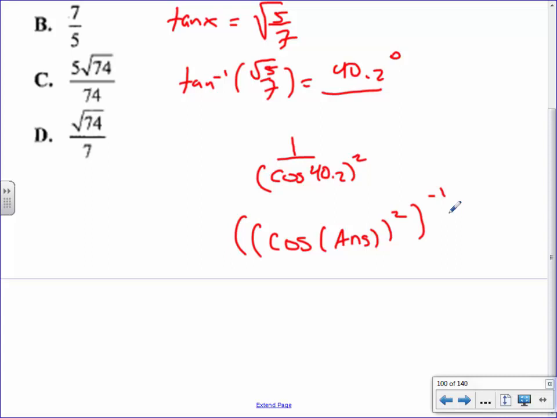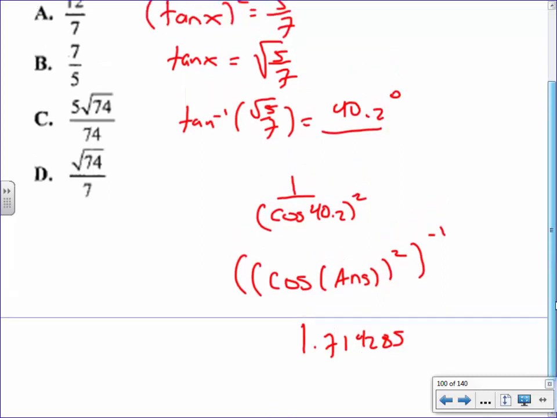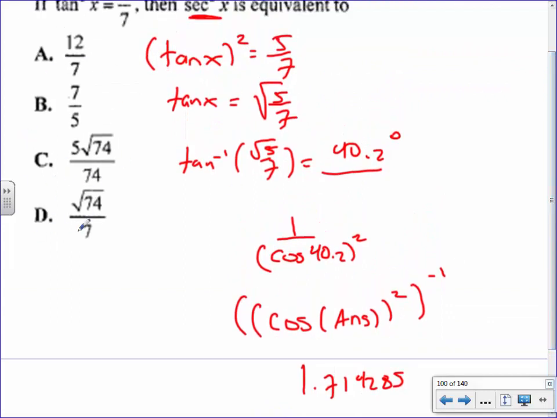Cosine of the answer squared to the minus 1 gives me this. You all get that? Then all I've got to do is figure out which one of these it happens to be.